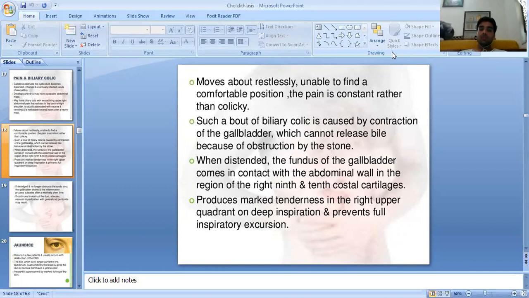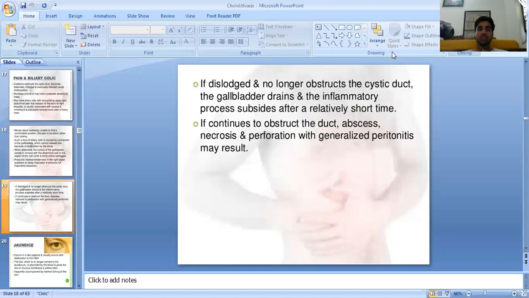This produces marked tenderness in the right upper quadrant on deep inspiration and prevents full inspiratory effort. If the stone is dislodged and no longer obstructs the cystic duct, the gallbladder drains and the inflammatory process subsides after a relatively short time. If it continues to obstruct the duct, abscess, necrosis, and perforation with generalized peritonitis may result.